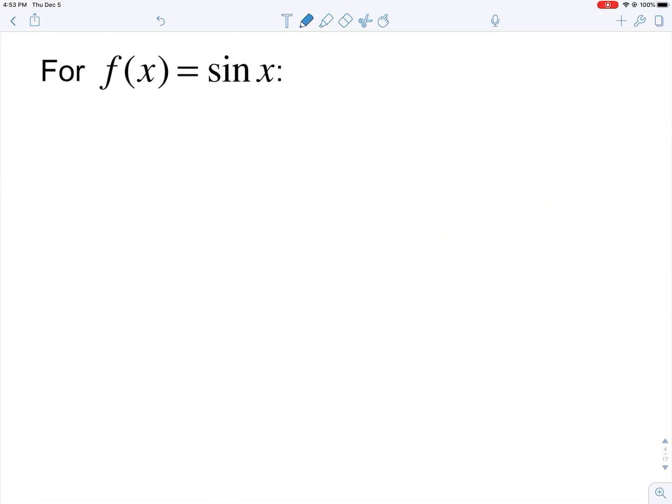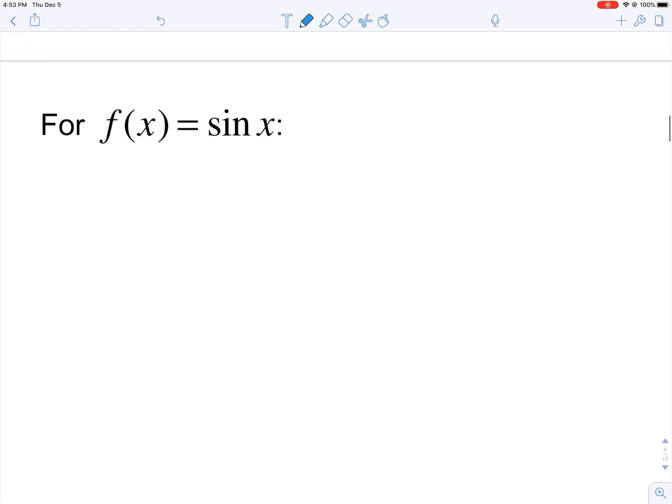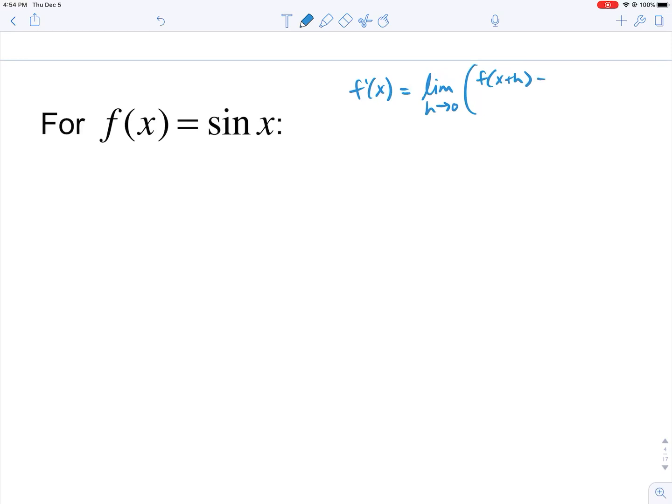Okay, so to find the derivative of sine, we're going to go back to our good old limit definition of the derivative. Remember, the limit definition of the derivative says that the derivative f prime of x is equal to the limit as h approaches 0 of the difference quotient, f of x plus h minus f of x all over h.